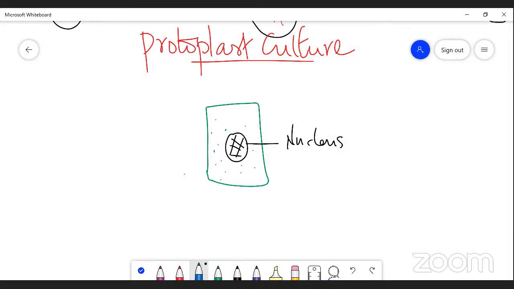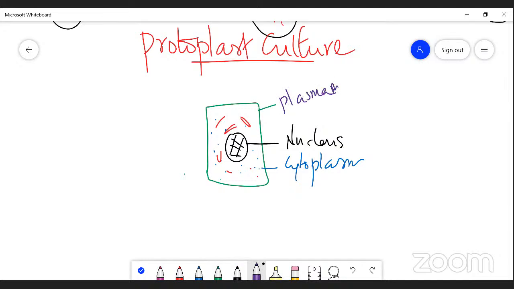And in the cytoplasm you can find a number of cell organelles, like mitochondria, Golgi apparatus, etc. But the cell is surrounded by a plasma membrane. The green portion is called the plasma membrane or cell membrane.